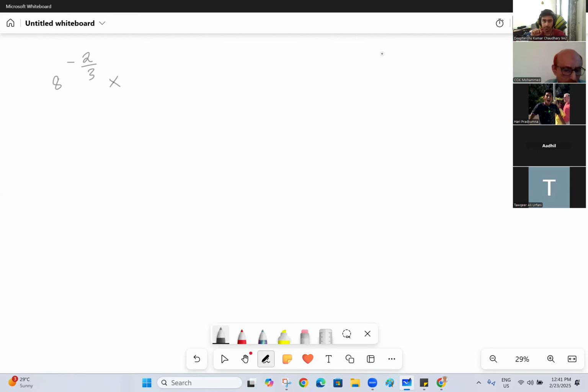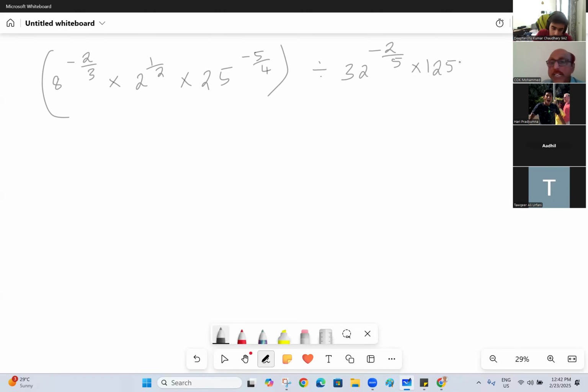Look, this is the question he asked. The square root of 25 raised to... 2 raised to 1/2, and the square root of 25 raised to minus 5/4, divided by 32 raised to minus 2/5 into 125 raised to minus 5/6, is equal to root 2.